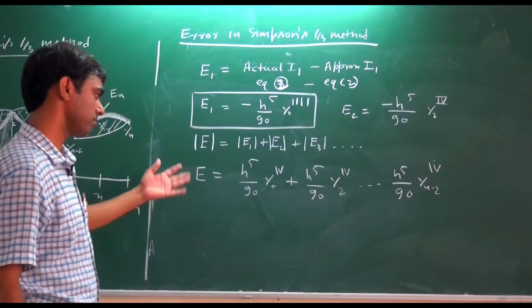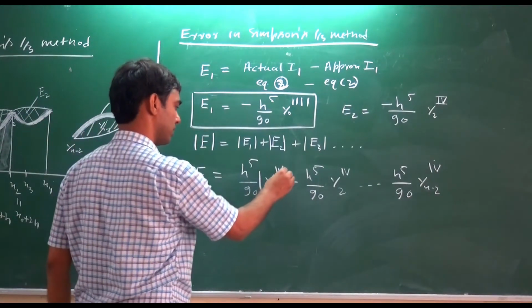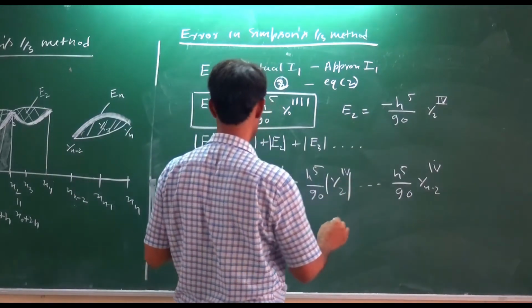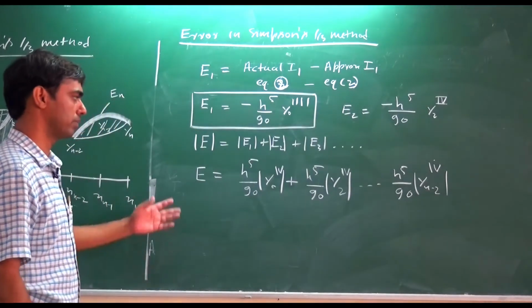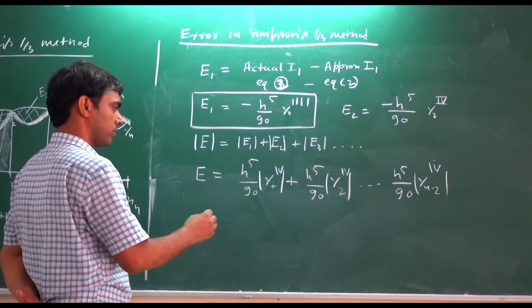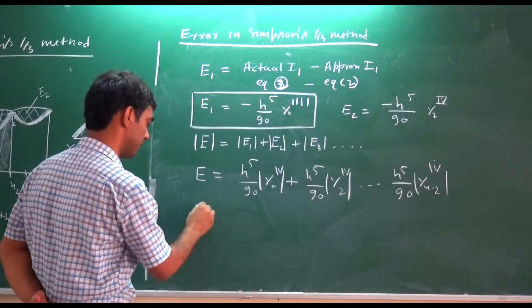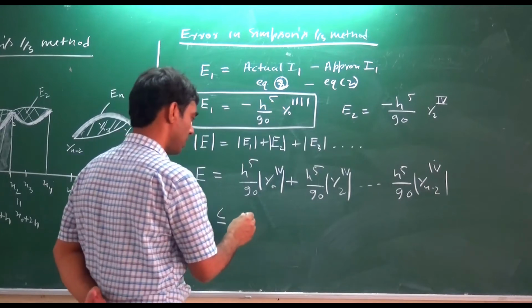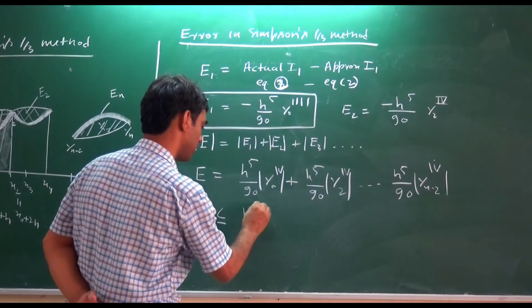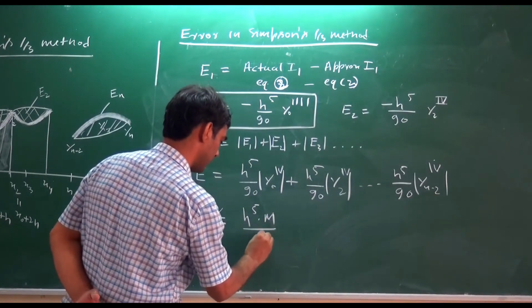So if you find the sum of this in a similar manner, this is a mod, this is a mod, because here we are taking the mod of this, using the property of mod. So we may also write this in this way: E is less than or equal to h to the power 5 M upon 90.